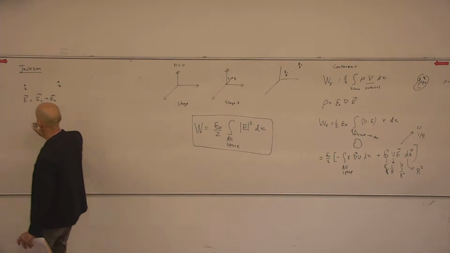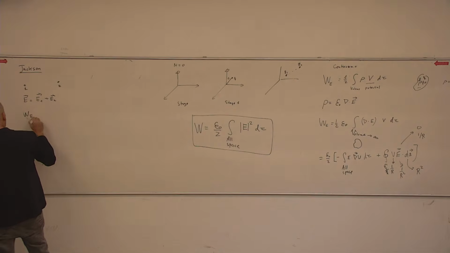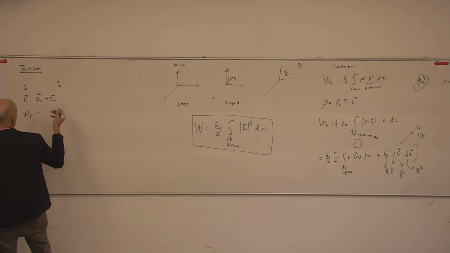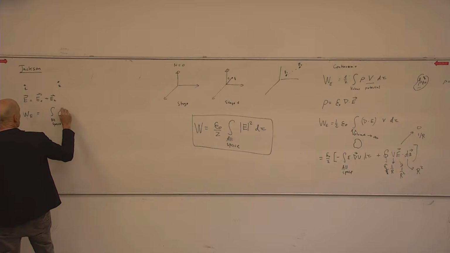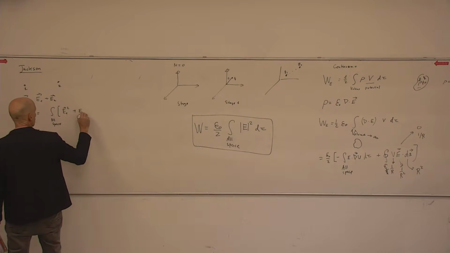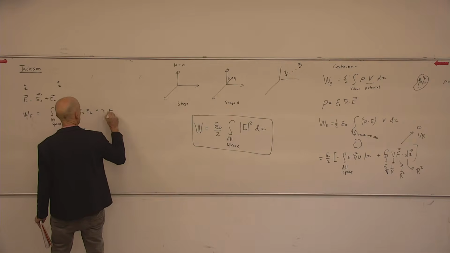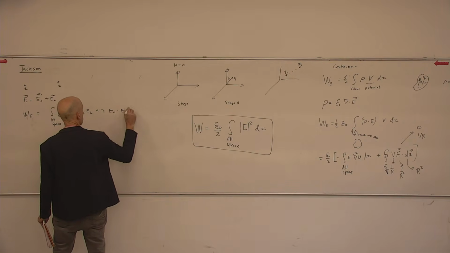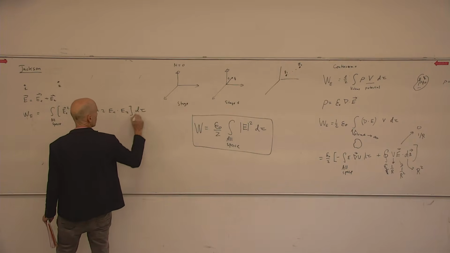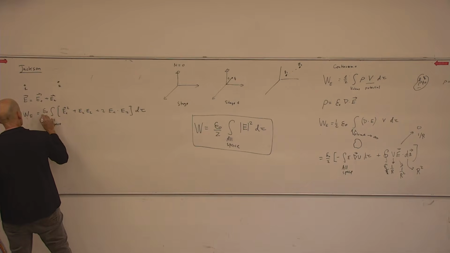What is the total field? It's the integral over all space of the sum. What is the sum? It's E1 squared plus E2 squared plus 2 E1 E2, d tau, and I need to multiply this by epsilon 0 over 2.